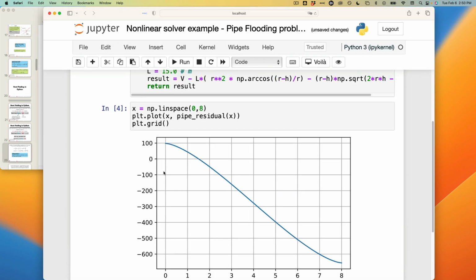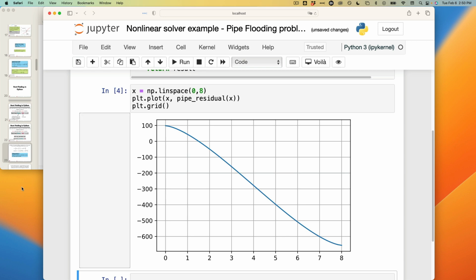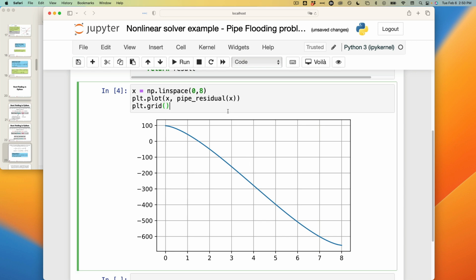Okay. So this is a really important thing to do, especially for one-dimensional functions. In 2D, 3D it is very difficult to do. But for 1D functions, if you plot the residual function, it just gives you a very clean idea of where your roots might be located, which will therefore help you in your selection of the initial guess.